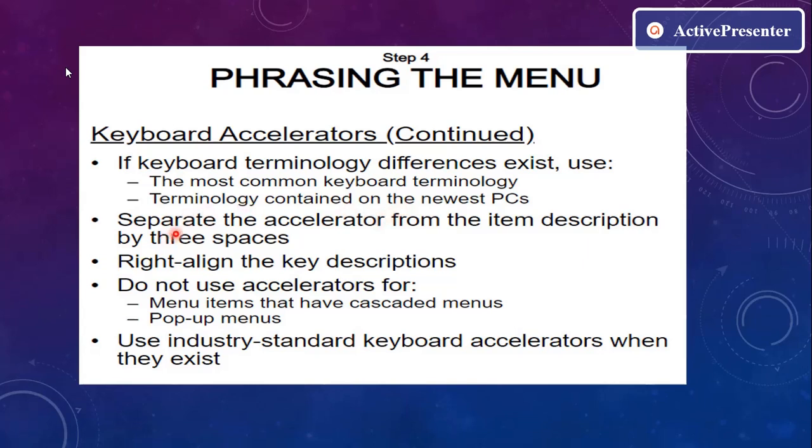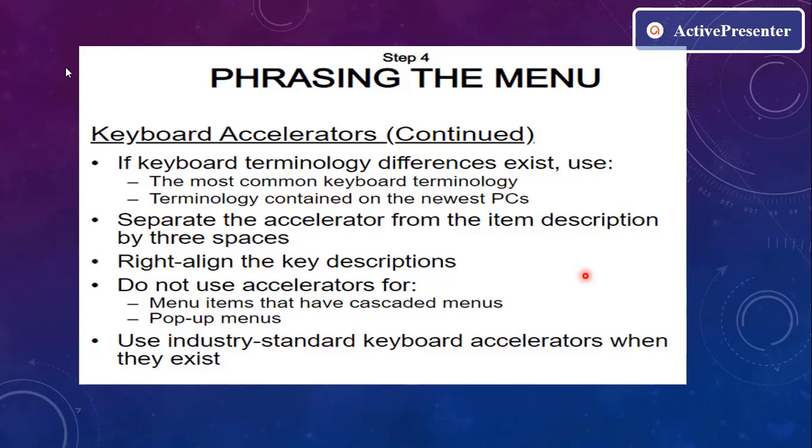Next is separate the accelerator from the item description by 3 spaces. That means, for example, maybe you have selected Style as a menu, and under that menu you have Italic as a menu choice.